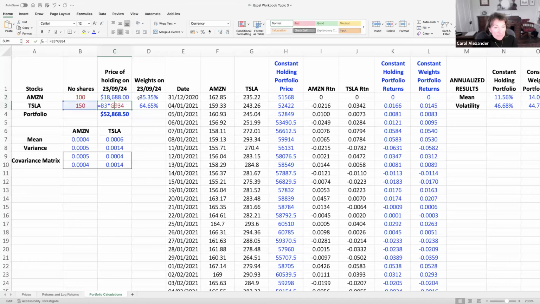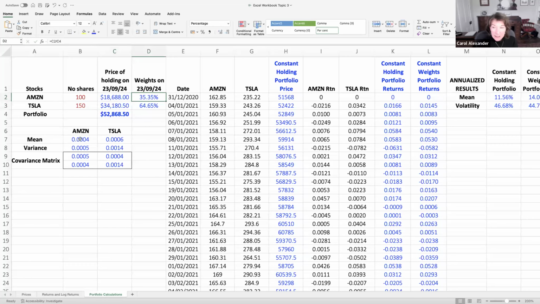And similarly for Tesla, that's the amount invested in Tesla, and this is the portfolio value, just the sum of the two. And the weights are, for this one, 35.35% is 18/52. It's the amount invested in Amazon divided by the portfolio value. So that's that here, and similarly for Tesla.